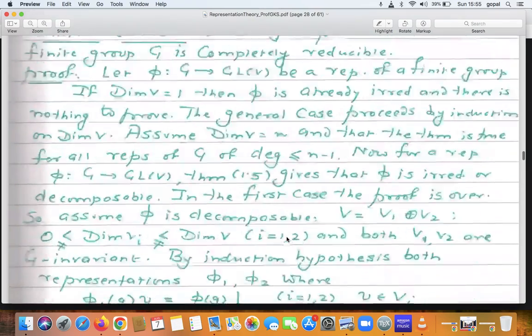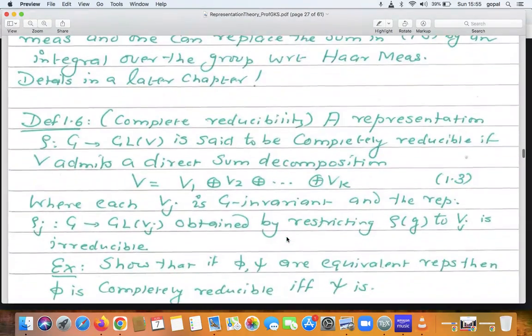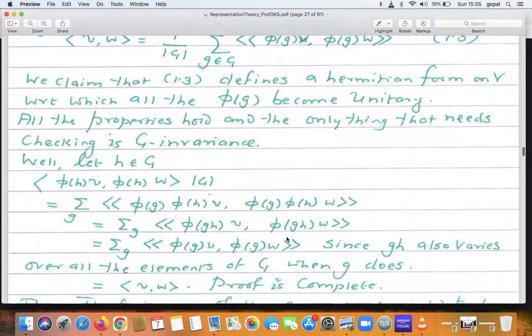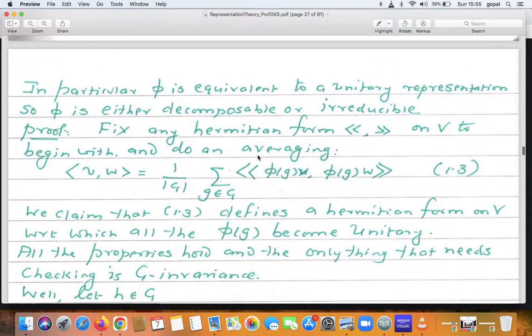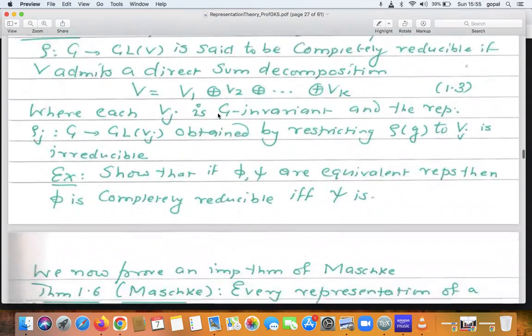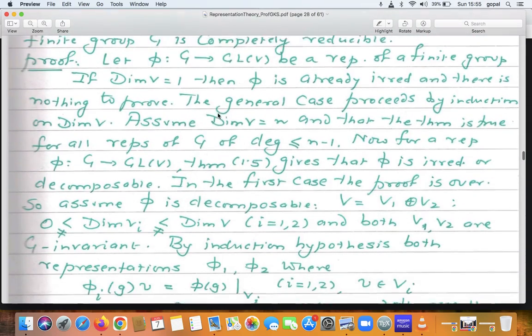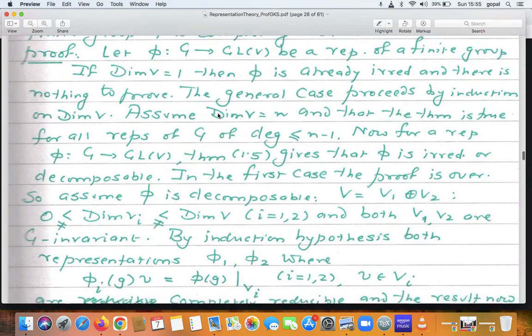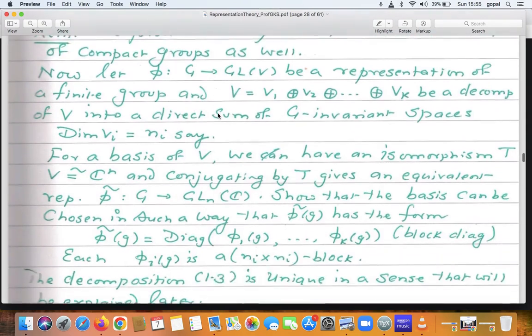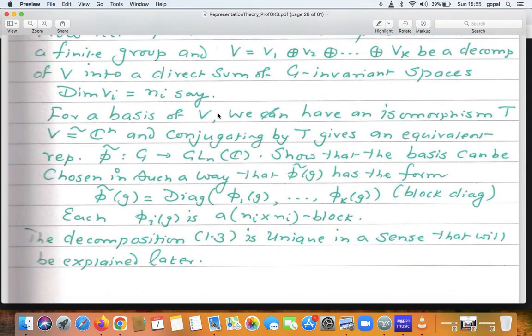Now the proof only relies on the previous theorem that if you have a unitary representation, then every G invariant subspace has a complement. That's the only thing that we used. So that theorem will be true even for compact groups.